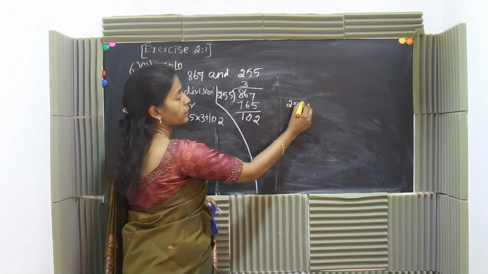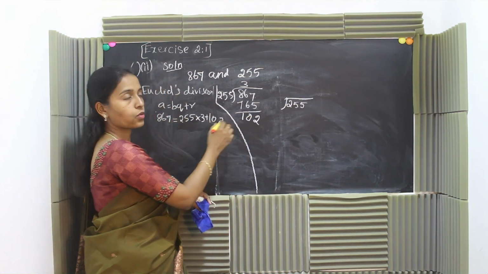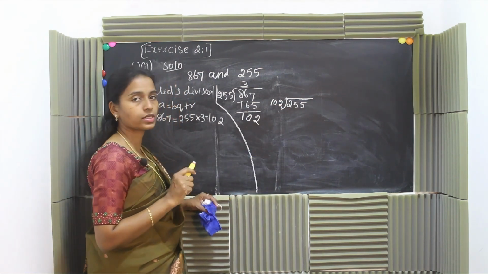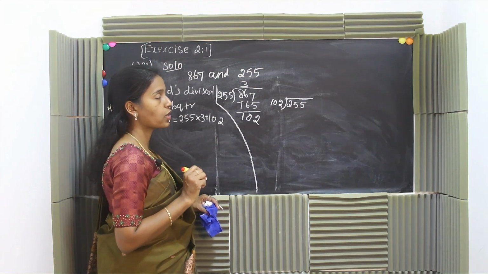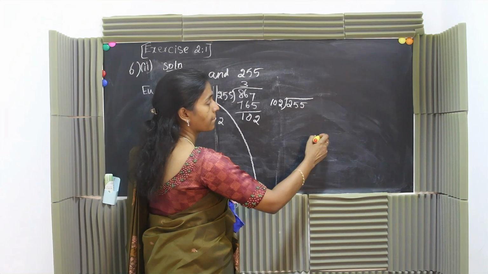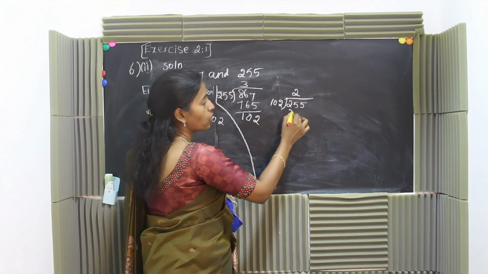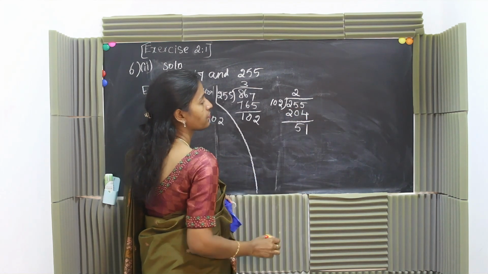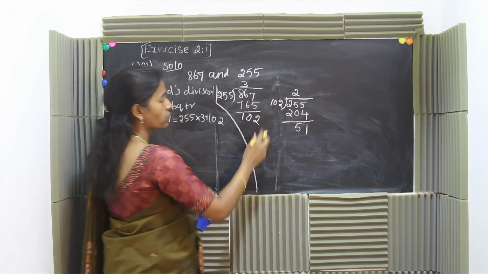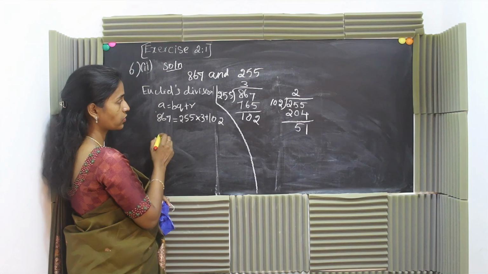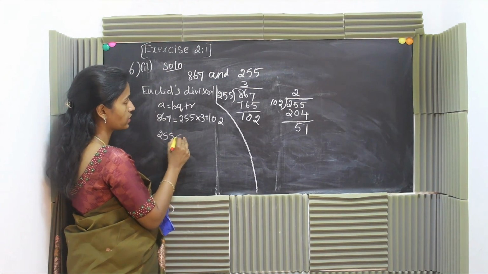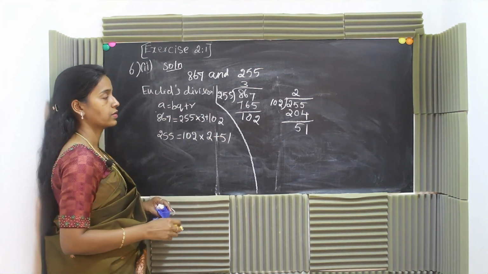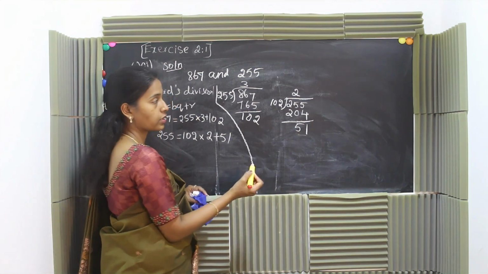So 255 becomes dividend, divisor 102, right? 1 into 102, 102. 2 into 102, 204. 255 minus 204 gives 51. Now we can apply all the values. 255 equals 102 into 2 plus 51. Right? This is 51, so we should continue.